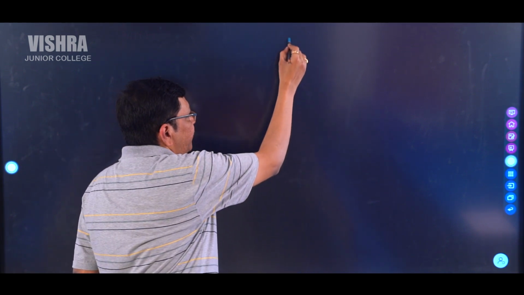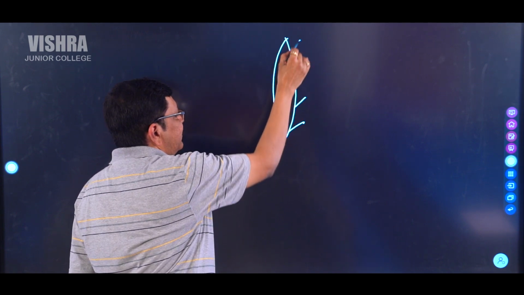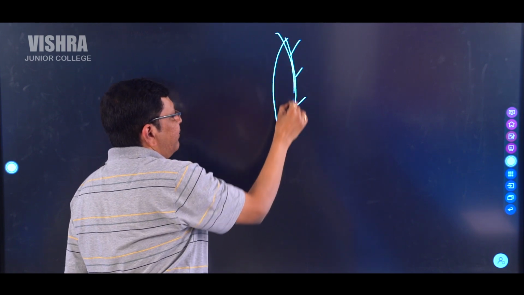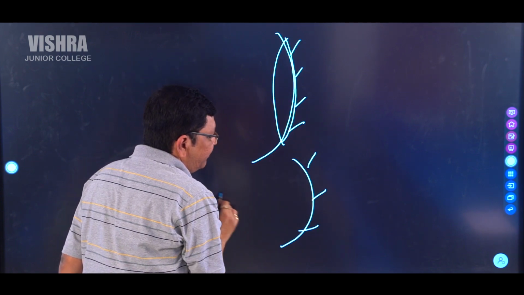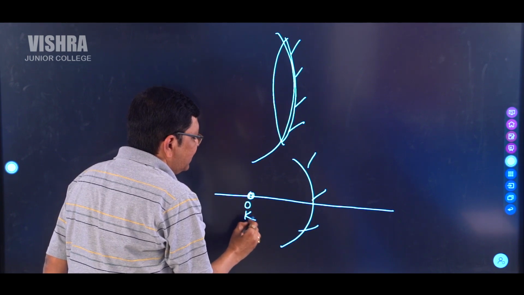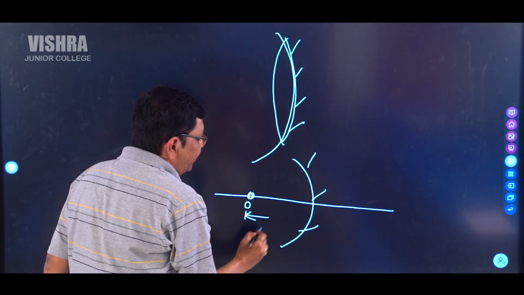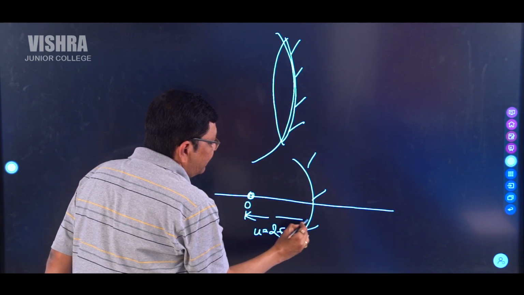Here, when one surface of the lens is silvered, it can behave like a concave mirror, and in case of a concave mirror, object and image will coincide only when the distance from the object to the center of the mirror, u, is equal to 2 times the focal length of the mirror.